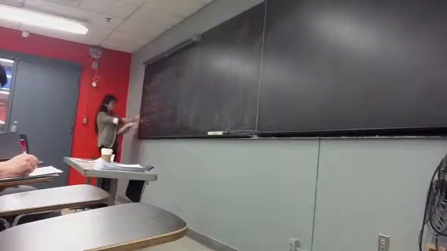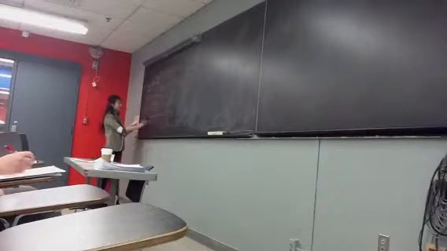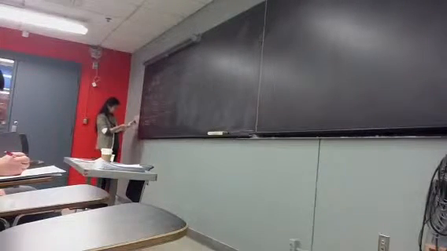So moles of solute maltose over total moles. Moles of solute we already know from up here is 1.457, so that's simple. Our total moles, how do we find that? Well, we have our moles of maltose plus our moles of solvent, total moles of solution.